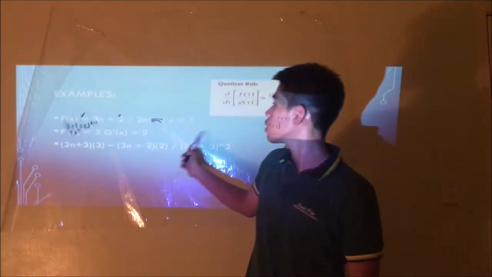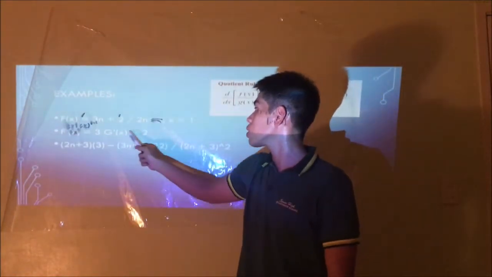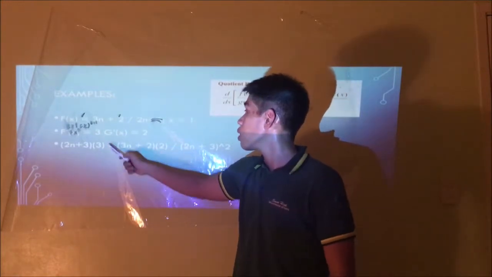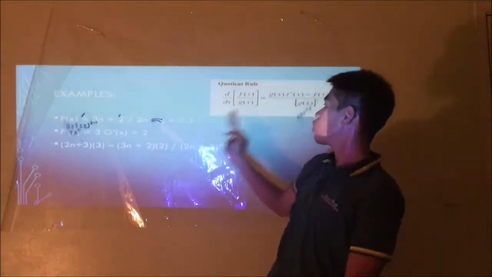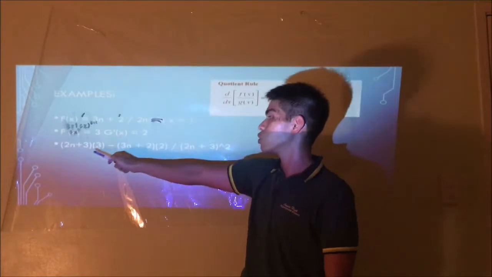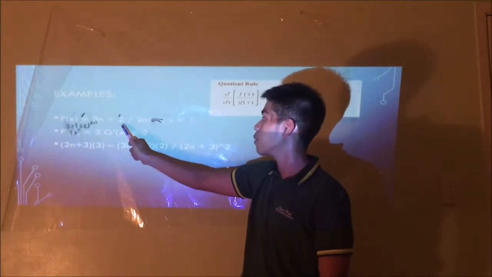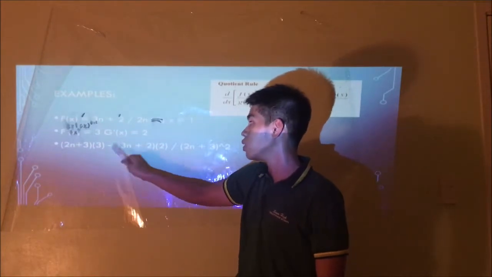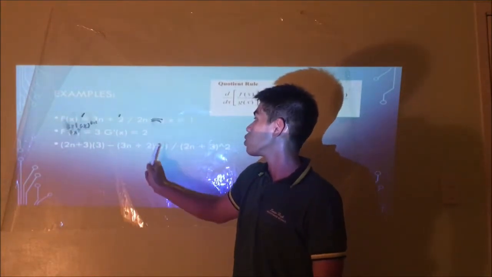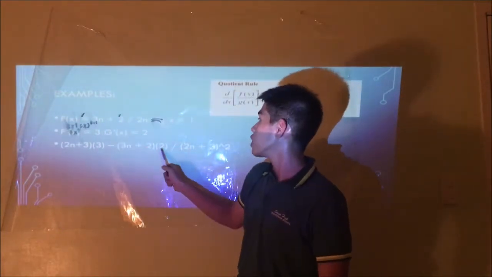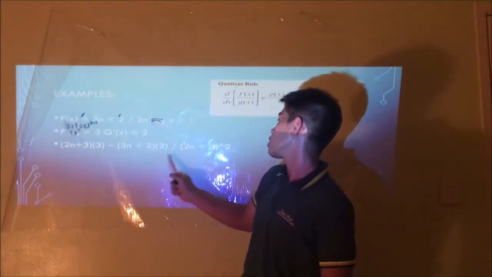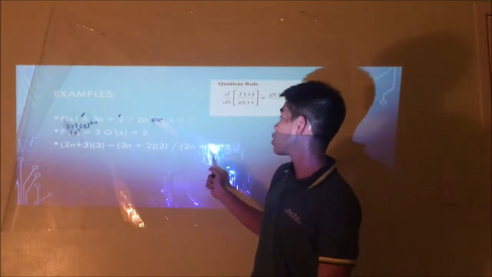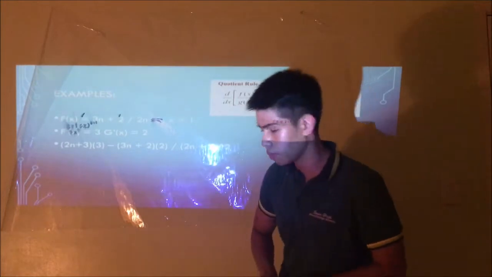Next, since we already have the derivatives or the primes, we follow the formula. First, g of x, which is 2n plus 3, times the f prime of x, which is 3, minus 3n plus 2, which is f of x, times 2, which is the g prime of x, divided by 2n plus 3 squared.